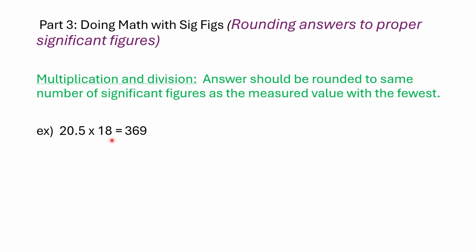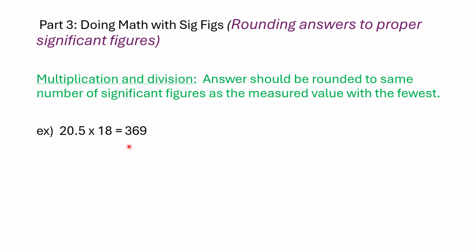So even though the calculator is going to give us the number 369 as our answer, we don't want to record that as our final answer. So according to our rule, the answer needs to be rounded to have the same number of significant figures as the measured value with the fewest. So between 3 sig figs in my first number and 2 sig figs in my second number, of course 2 would be less.